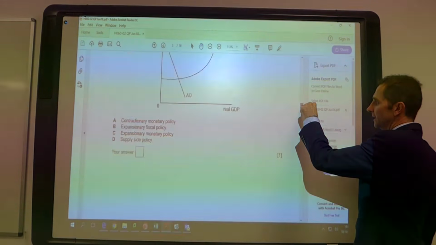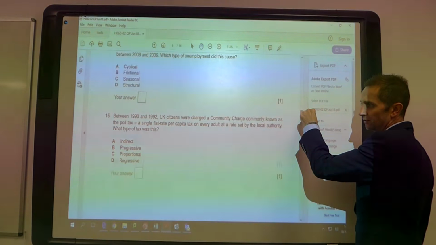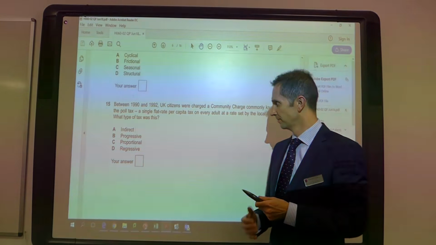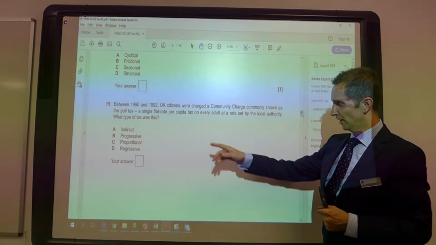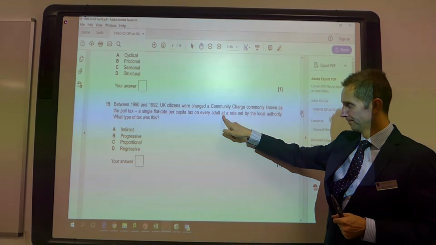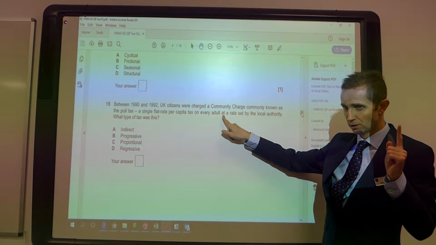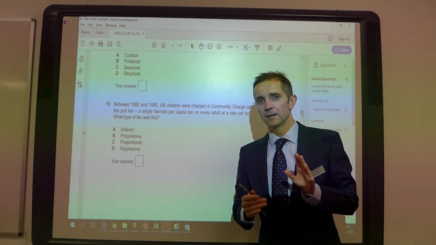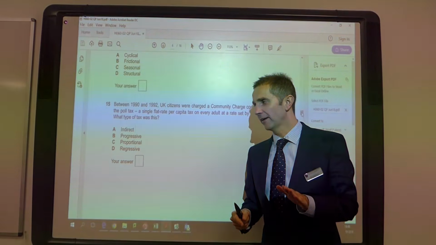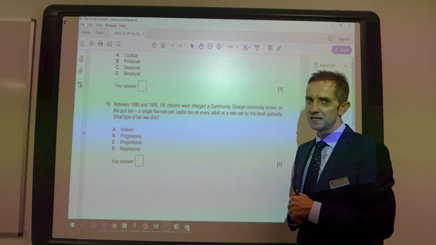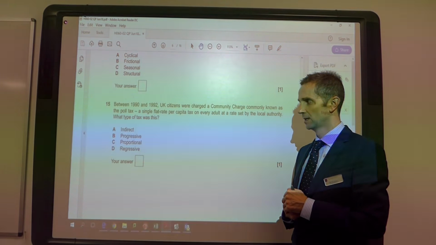And then lastly, on the macro, question 15, the poll tax, so the community charge. A flat rate on every adult, a single flat rate. Now, if it's a flat rate on every adult, then that, of course, is a regressive tax.